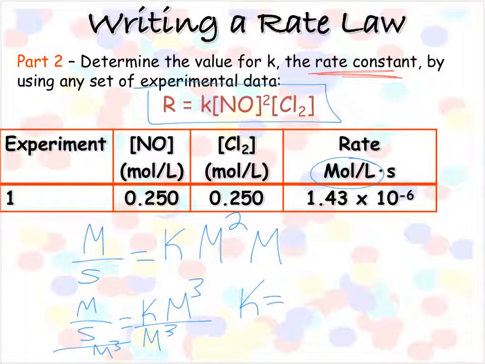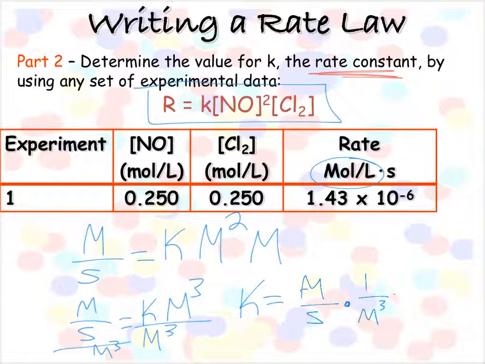K is equal to, so what do you do when you have a fraction, right? What do you do with that? Hopefully you were going to say that you flip it and multiply by the reciprocal, right? So we got M over S, and then that M cubed, we're going to do the reciprocal of M cubed, so that's 1 over M cubed.